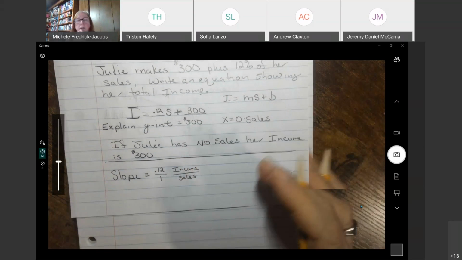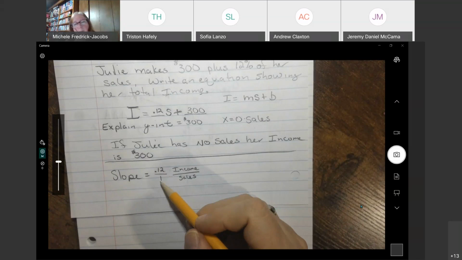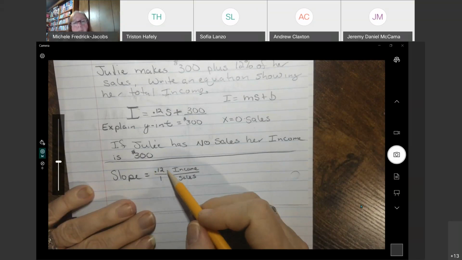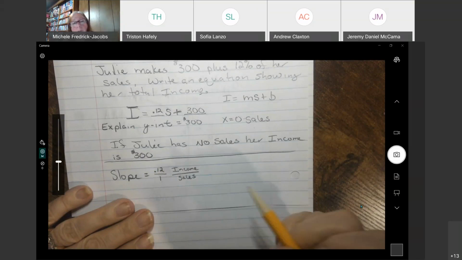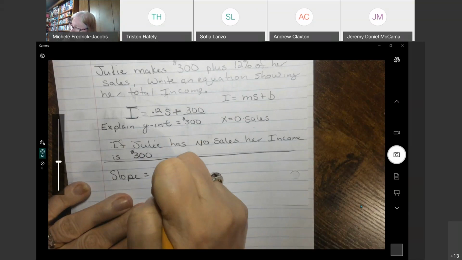Now, we could do it this way, and this would be the income, which is 12 cents for each dollar in sales. Or if we want to get this to dollars, we could multiply by 100 over 100.